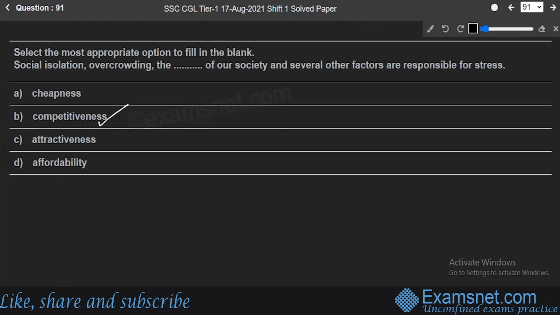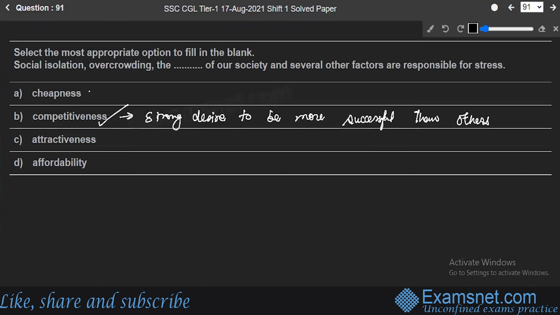This word means possession of a strong desire to be more successful than others, right? So this is the most appropriate one to fill in the blank. Social isolation, overcrowding, and the competitiveness of our society and several other factors are responsible for stress.